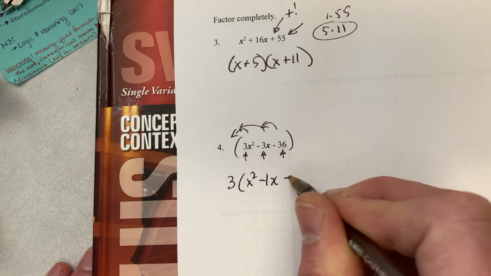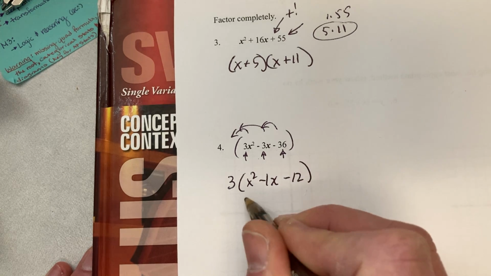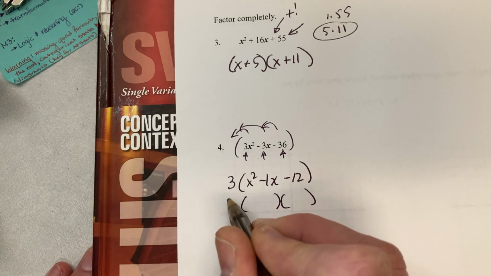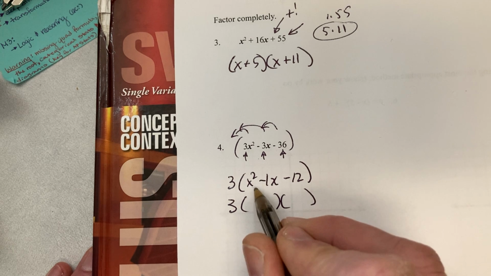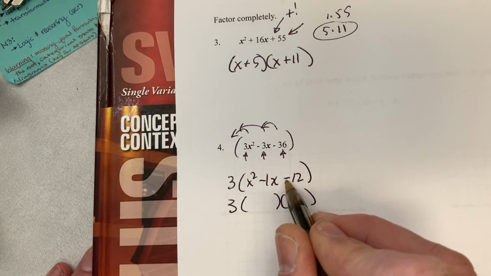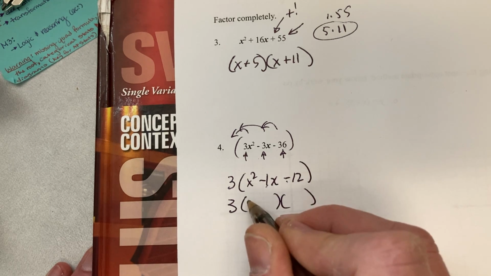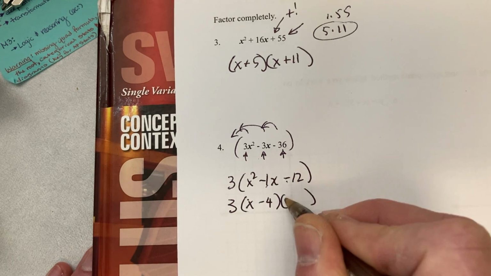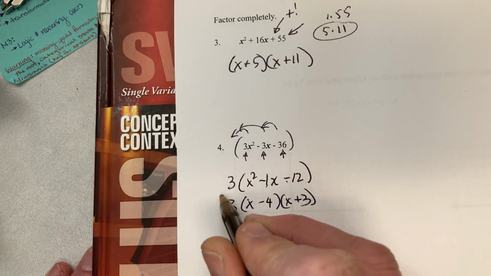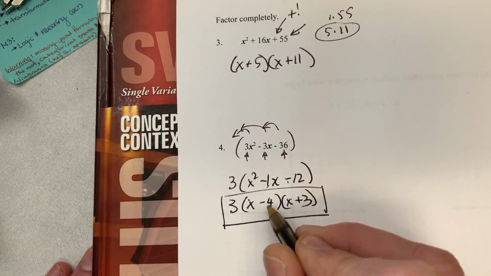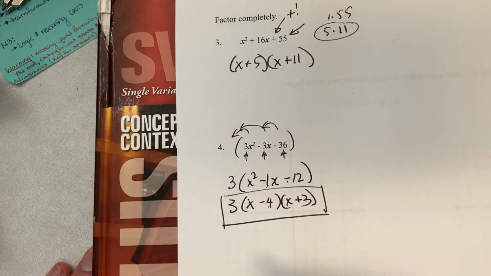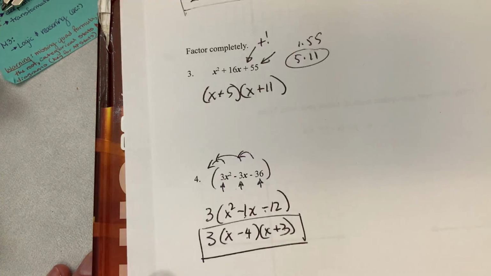Divide by 3 and I get minus 12. Now I do the same thing. I factor, don't forget that 3. What things multiply to make 12, that subtract to make 1, or add up to make negative 1? That's x minus 4, x plus 3. They multiply to make negative 12, add up to make negative 1x. Okay, so we're on a roll here.